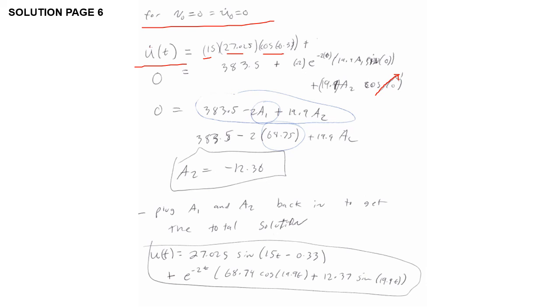This goes away because the sine of 0 is 0. So we end up with a reduced equation of 0 is equal to 383.5, which comes from up there by combining all that, minus 2a1 plus 19.9 a2.